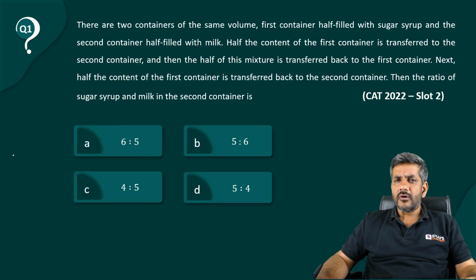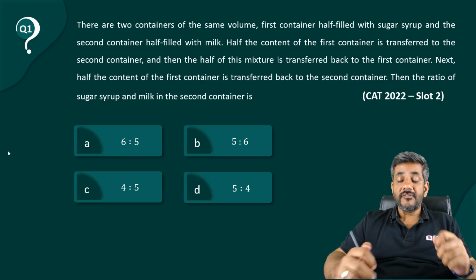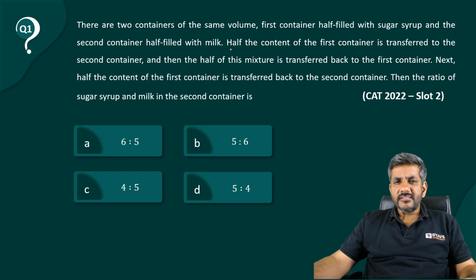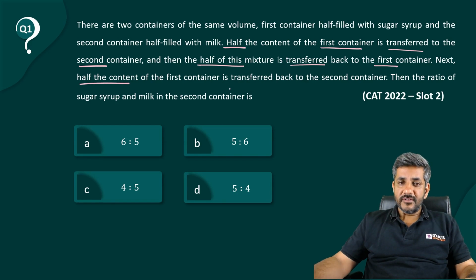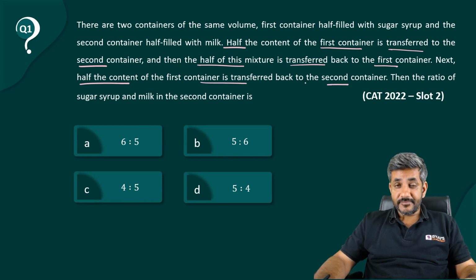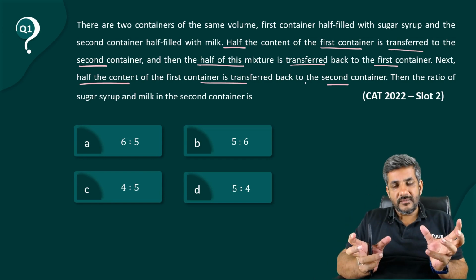There are a few very important points that you need to understand to solve these questions logically. First, half of the contents of the first container is transferred to the second. Then half of the mixture is transferred back to the first. Then half of the contents of the first are transferred back to the second. So everything remains within those two containers, right?